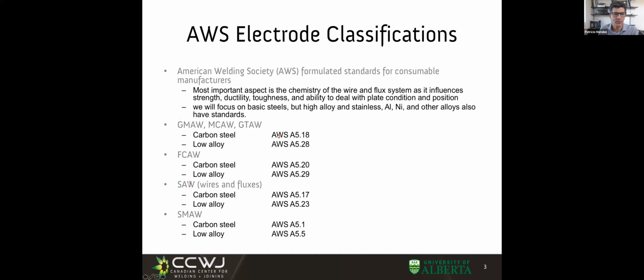And whether it's carbon steel or low alloy, we have these different standards. But they have some things in common. And the most basic of these things in common is the ones I want to discuss with you, so you can speak the language based on your knowledge. You can also say what type of electrode should be used, for example.